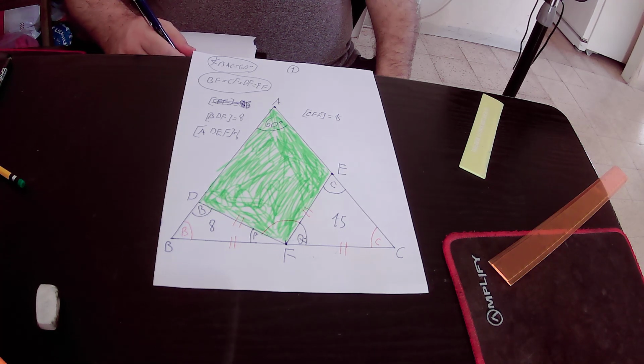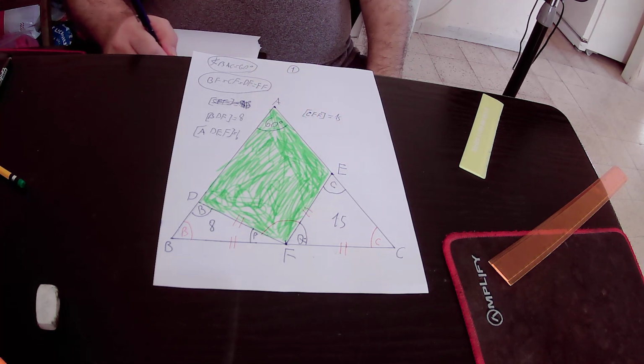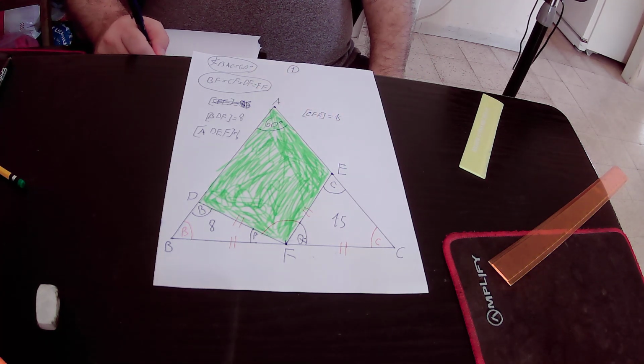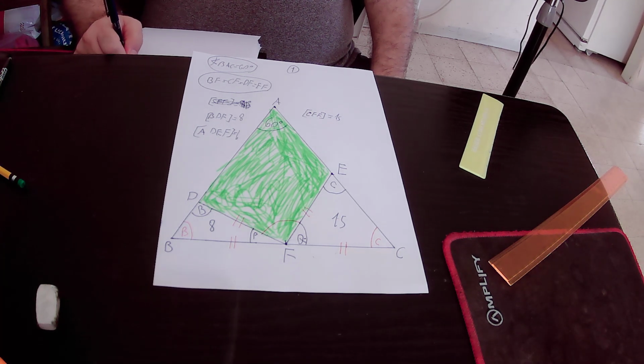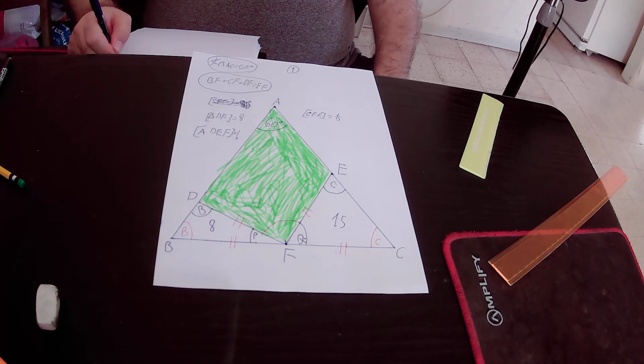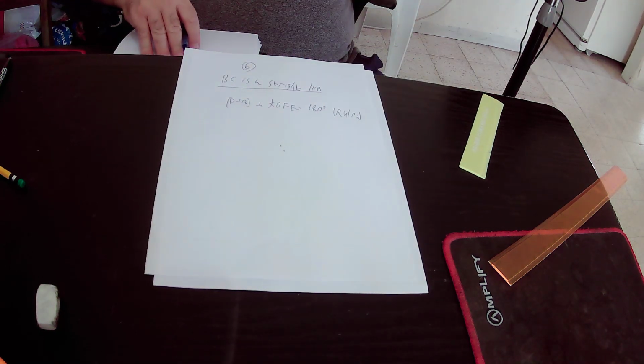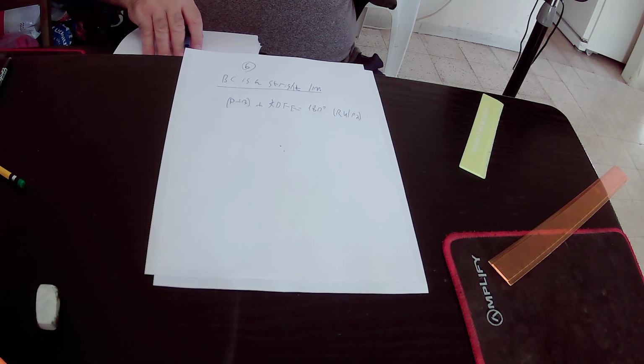That is to say, P plus Q plus angle DFE must be equal to 180 degrees according to rule number 2.